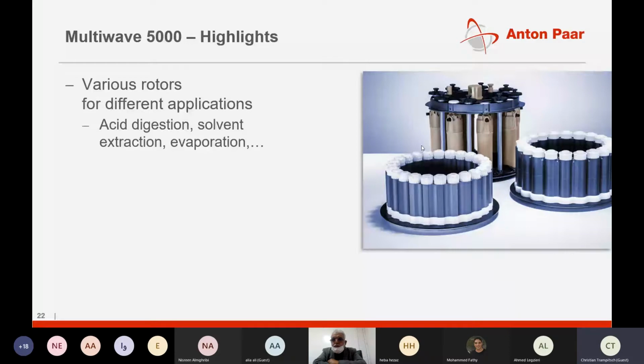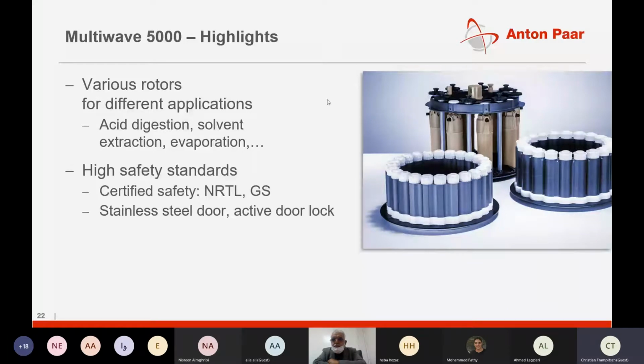The safety standard is also an important issue when we talk about acid digestion. So all of our instruments fulfill a very high safety standard, and we certify our safety by external testing labs. So we have both the NRTL and the GS sign, which approve our safety. The important thing with these safety certificates is that this is something which comes from an external institute.